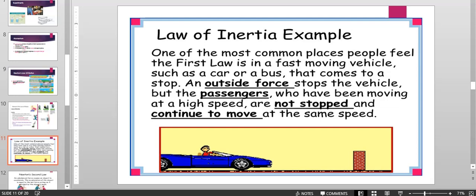Or when you apply the accelerator of your car in order to move again, you again feel a jerk. This is because you were at a stationary position, whereas your car starts to move, and due to the property of inertia, you experience a jerk.